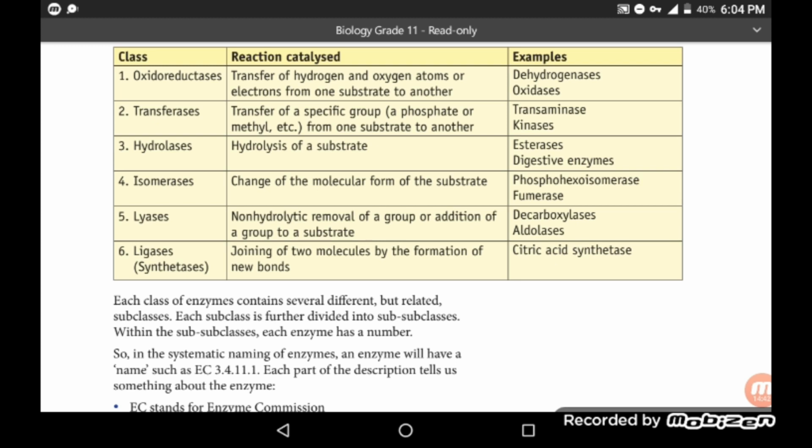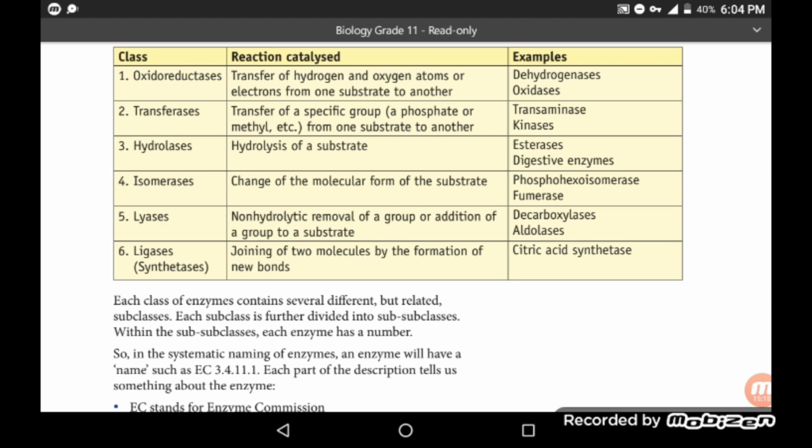Mostly ligase enzymes are involved in formation of the double strand of DNA, in processes like transcription. An example is citric acid synthase enzyme.